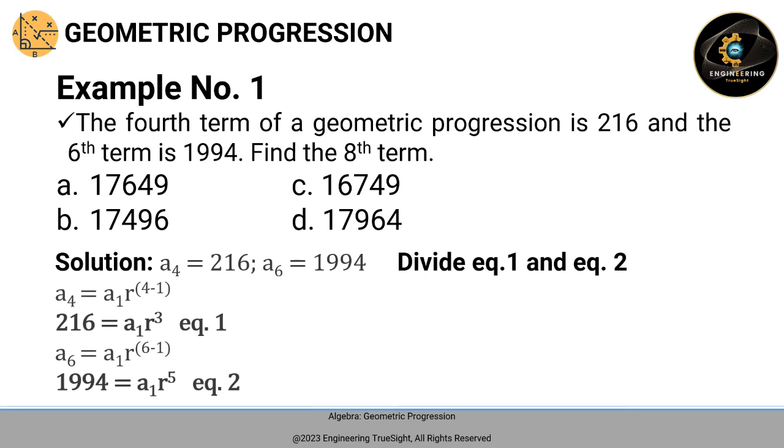To get the value of r, we should divide equation 2 by equation 1. So a sub 1 times r to the power of 5 all over a sub 1 times r to the power of 3 is equal to 1994 over 216.